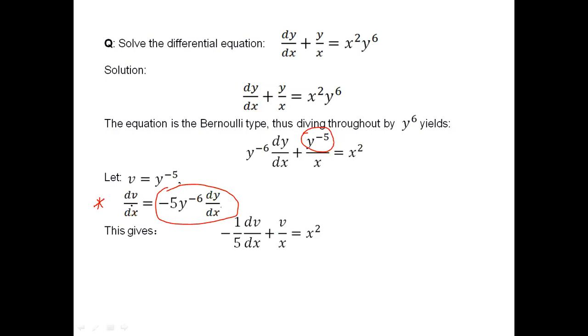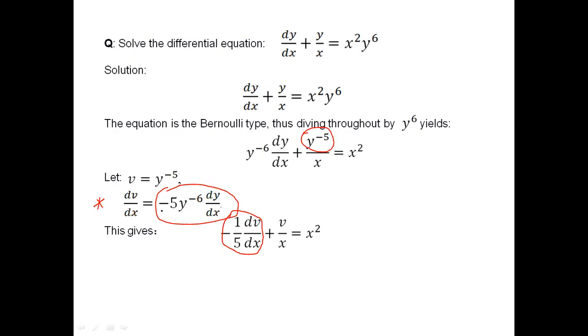If we divide both sides by negative 5, the left hand side of dv over dx is equal to negative 5y to the power negative 6 dy over dx.